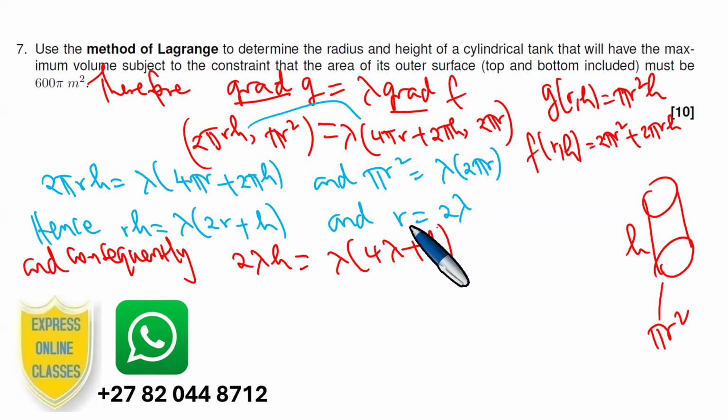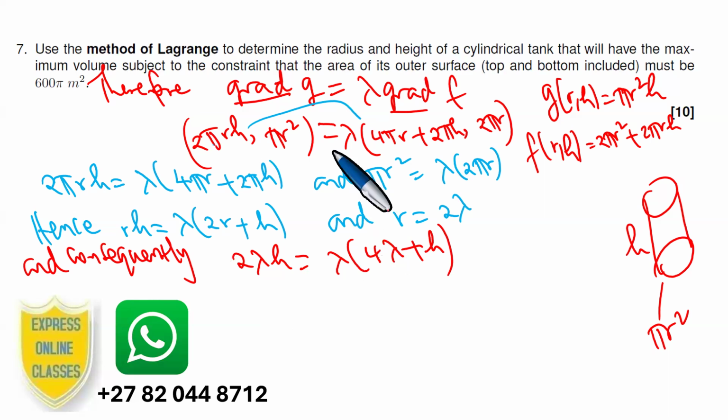Wherever r appears, we can put 2 lambda. There's r here, we put 2 lambda, so there's 2 lambda h. But there's r inside, and we put 2 lambda, and then 2 times 2 lambda is 4 lambda, plus h, and the lambda is outside.